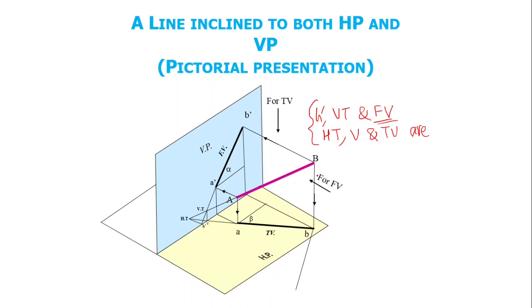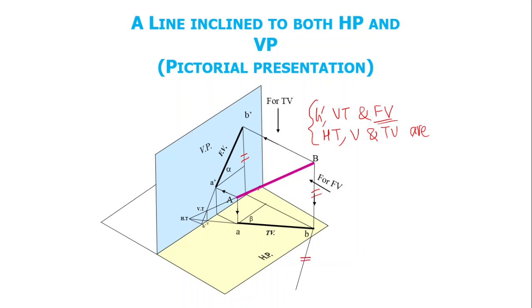We can find this distance from the front view. Actually, this distance is the distance of B dash from the XY line. This distance is exactly equal to that one.